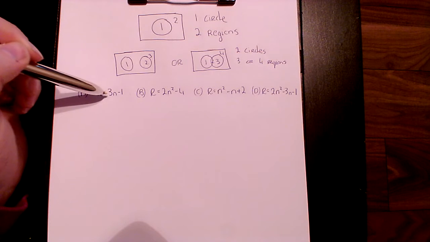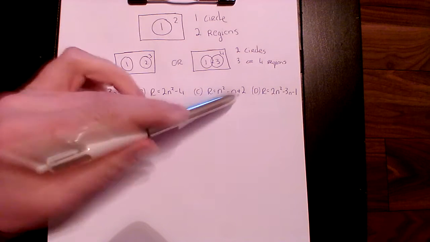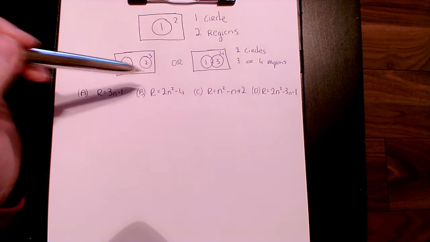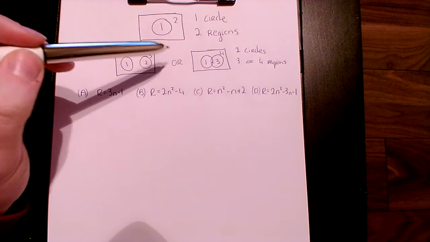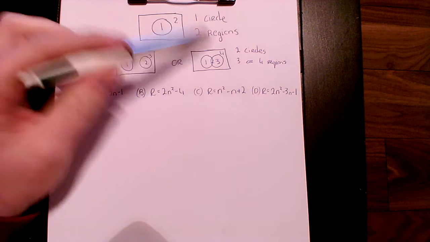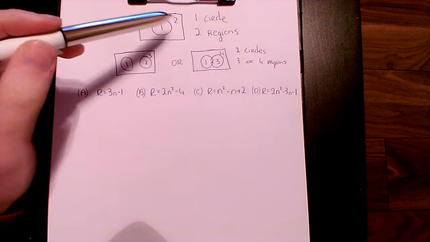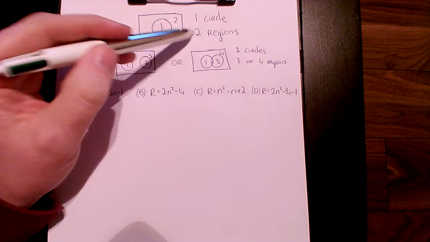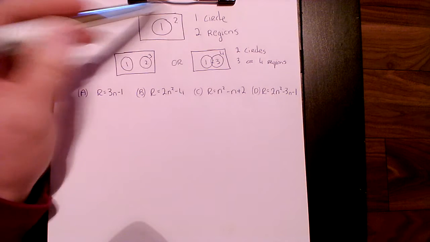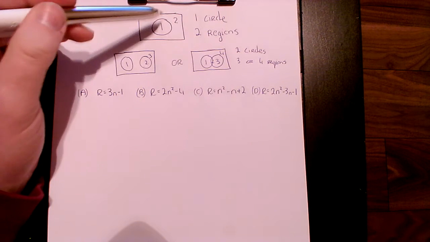And what we're asked to do is look at these equations and say which one of these equations will give us the maximum number of regions relating to these questions. If we put in one circle, there's two regions, which is obviously the maximum because there's no other way of doing it.